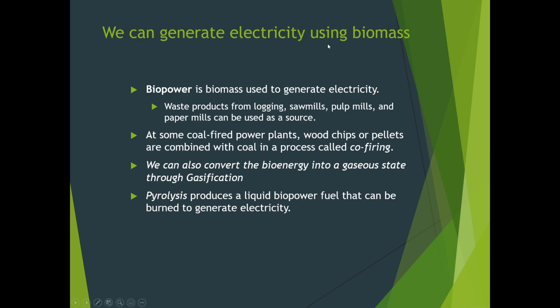So we can generate electricity using biomass. Biopower and biomass are used to generate electricity. And also, they're taking the waste products from logging, sawmills, paper pulp, or anywhere, the second generation of energy from these plants, and instead of taking it to the landfill or selling it to the coal-fired plants, they're doing what's called co-firing and co-generating.